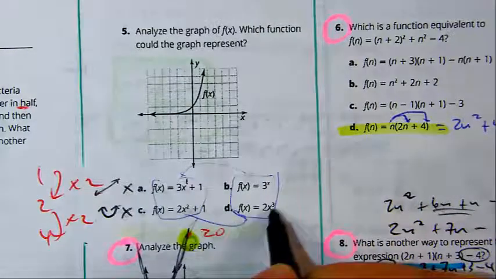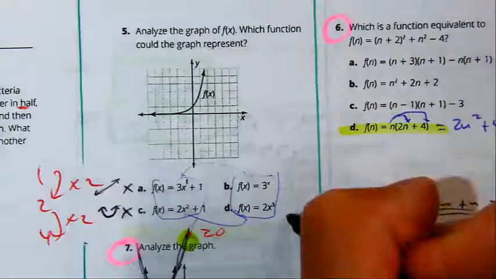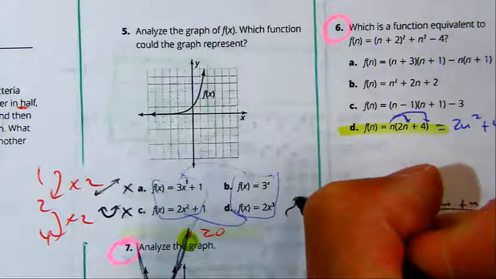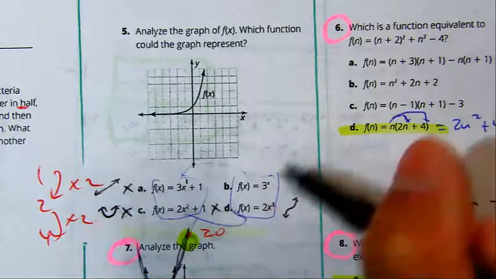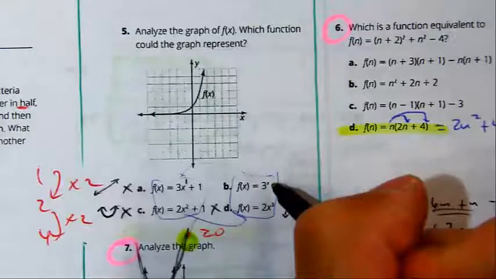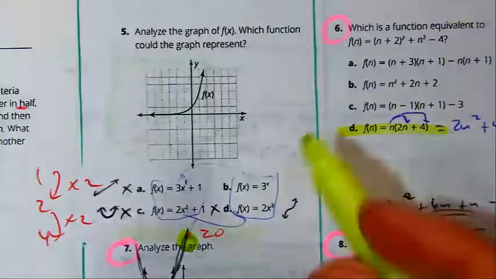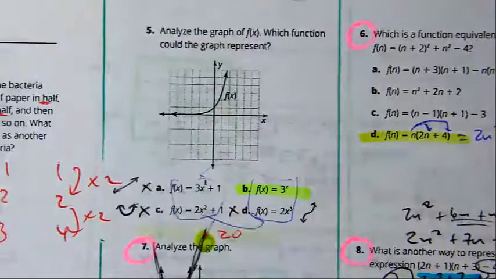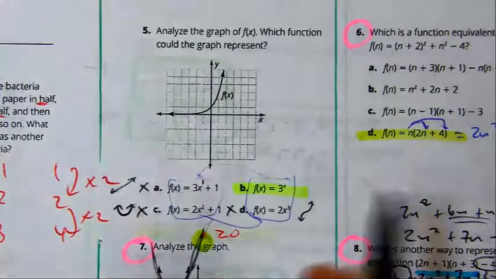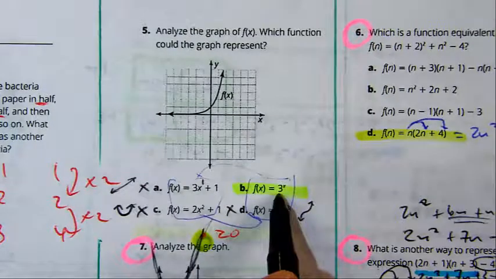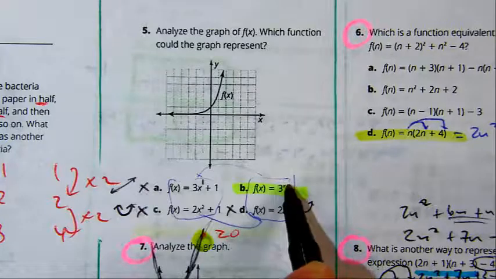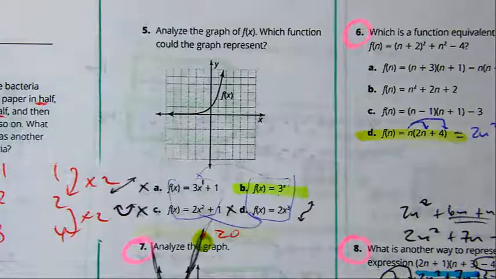This one is to the power of 3. This is called a cubic function. It looks like a snake. Not that one. So my answer is, this one says 3 to the x power, and this is an exponential graph. How do I know it's exponential? The base here is a number, and the exponent is a variable or a letter. So that's how you do number 5.